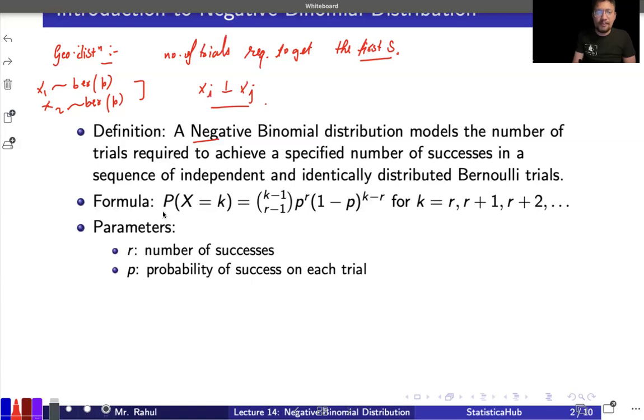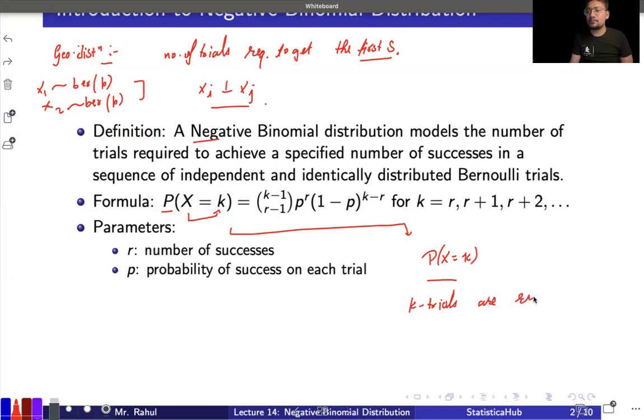So let's see what the probability formula is. Probability X equal to k means that k trials are required to get R number of successes.